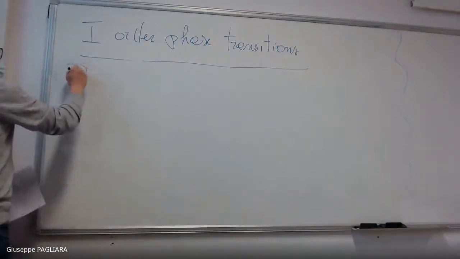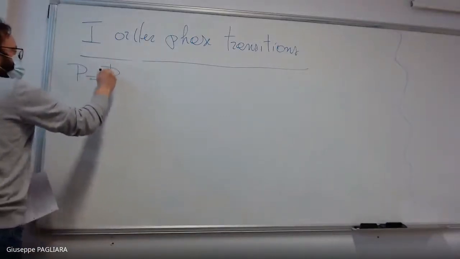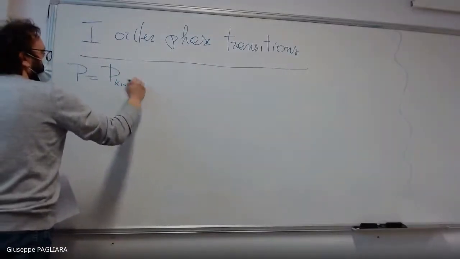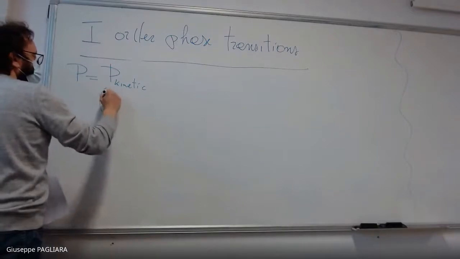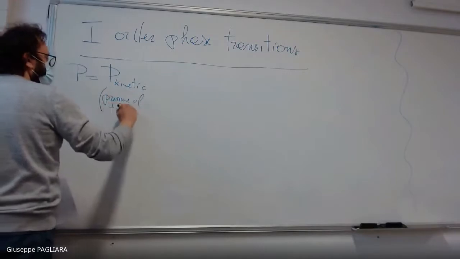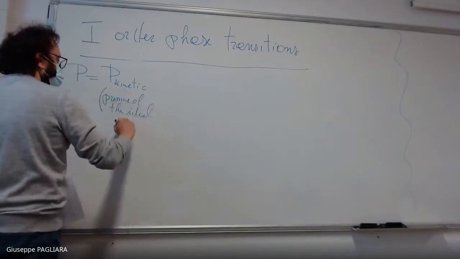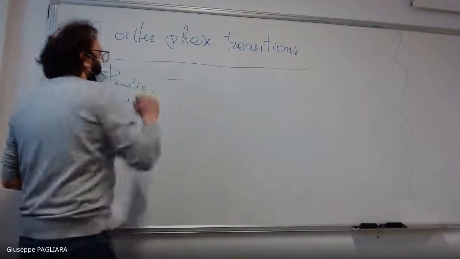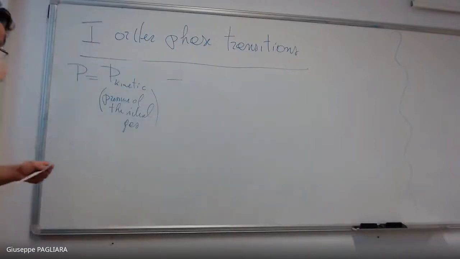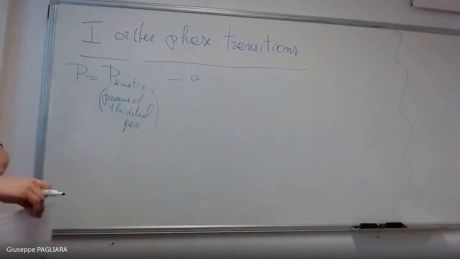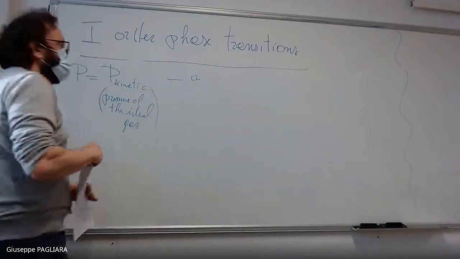So we write the pressure P as the kinetic pressure, which is actually the pressure of the ideal gas. And for what we said before, we need to reduce this pressure. And van der Waals introduced a term which is done in the following way. This is A, which is again a constant that depends on the gas, containing the microphysics that we don't know.